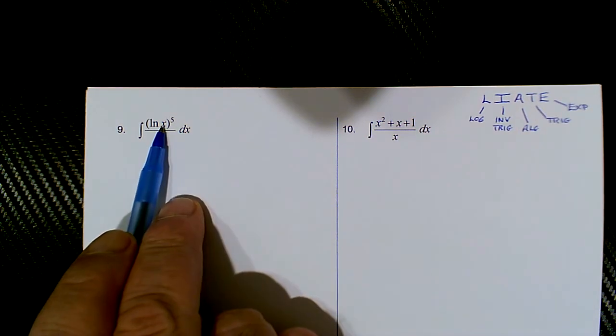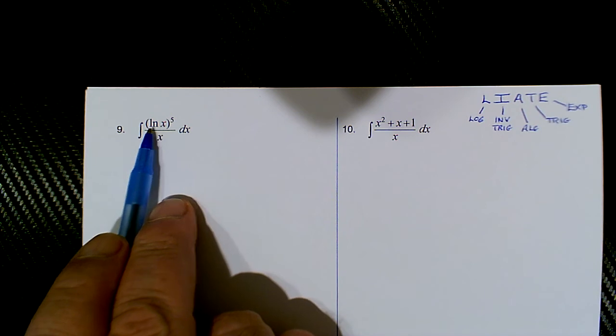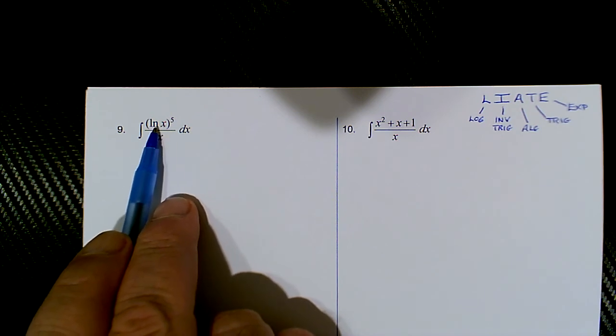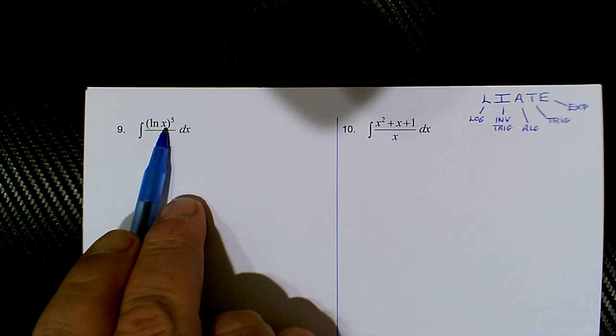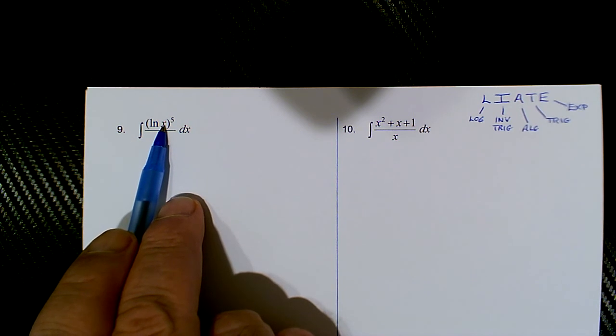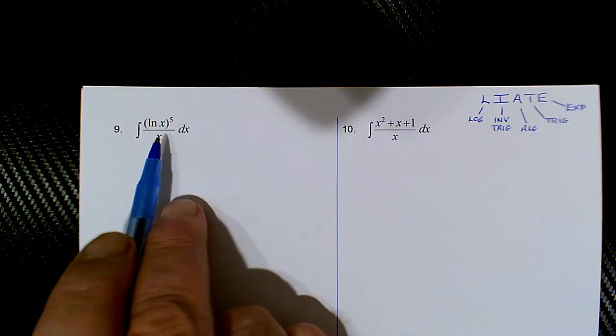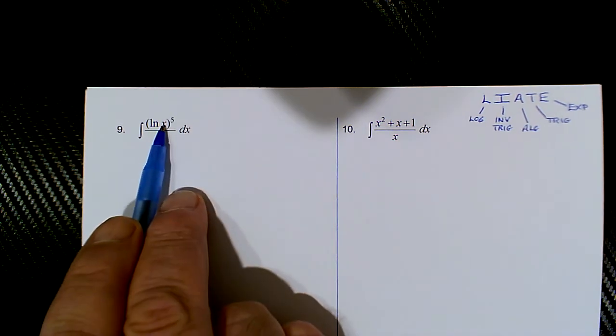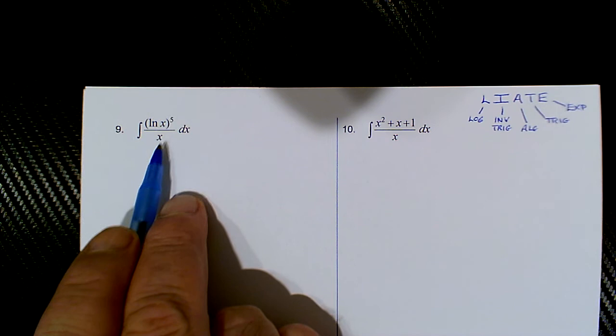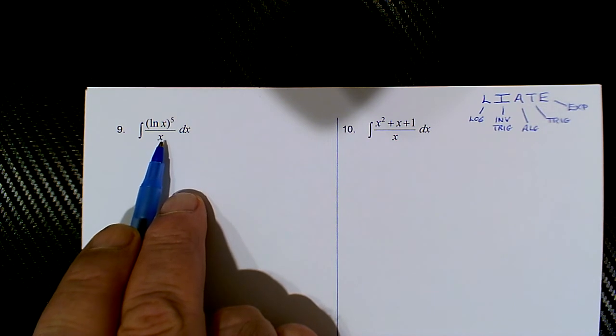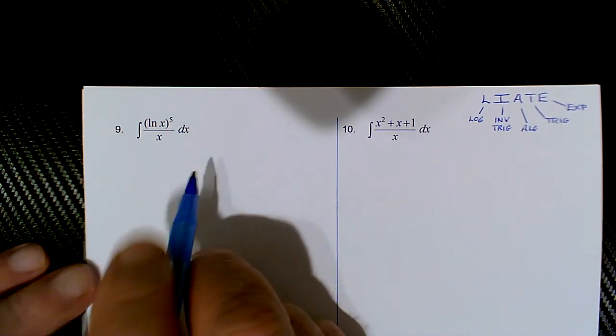And our strategy is going to change, but I can tell you once again, if there is a log involved, one chance is to pick it to be your u. And hopefully the du will be there. And we do know that the derivative of the natural log of x is 1 over x. And that's primarily why there's this x in the denominator.